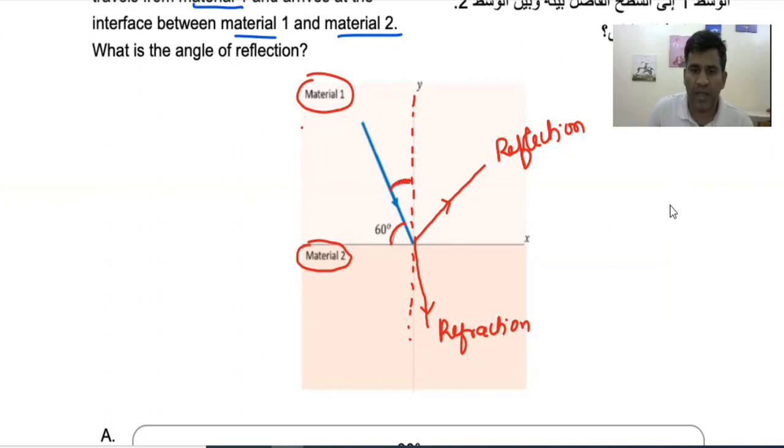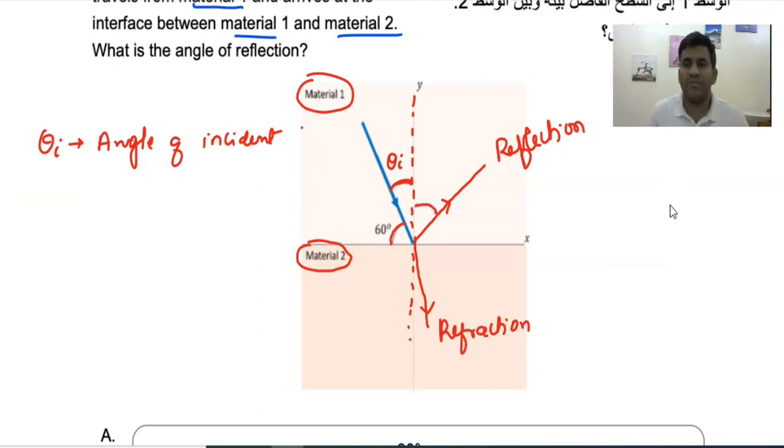This angle is called the angle of incidence, usually represented as theta I. And what is the angle of reflection? The angle of reflection is the angle made between the normal and the reflected light, usually represented as theta r. This is the angle of reflection.